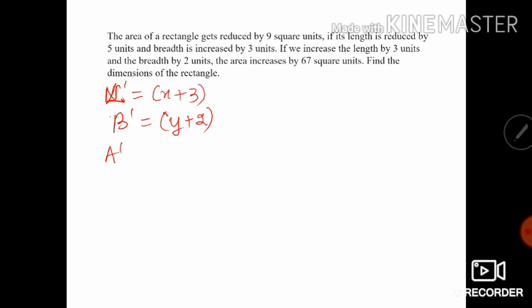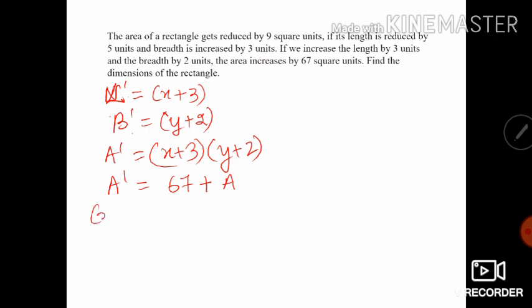So the new area is new length into new breadth, which is x plus 3 into y plus 2. According to the question, the new area is now 67 more than the original area. So substituting here, x plus 3 into y plus 2 equal to xy plus 67.